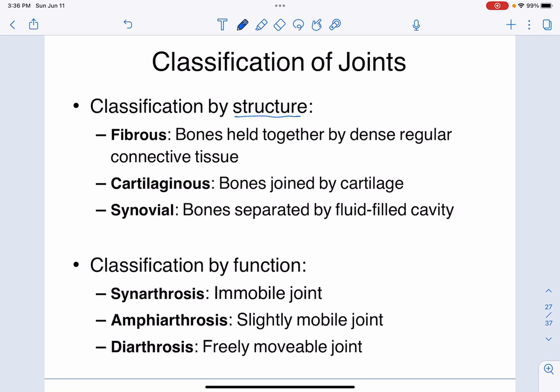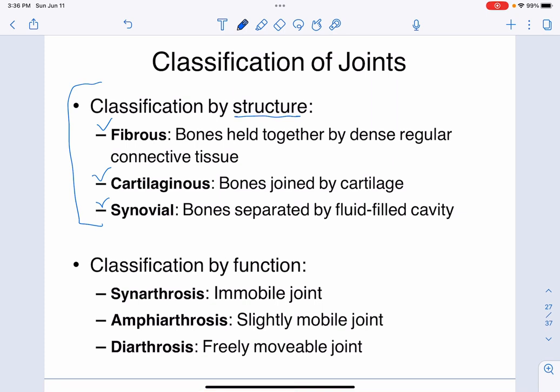So we'll talk about fibrous joints, cartilaginous joints, and synovial joints. And then they can also be classified by their function, their ability to move. All right, so let's start here first, and then we'll talk about classification by function. So we have structure, function, categories.